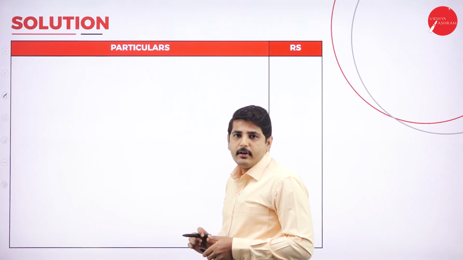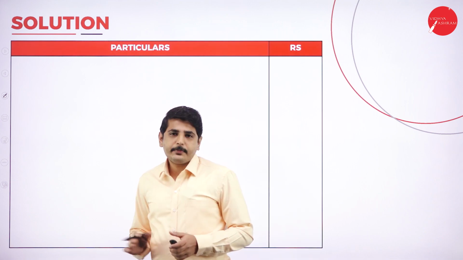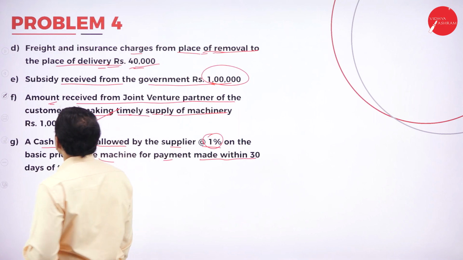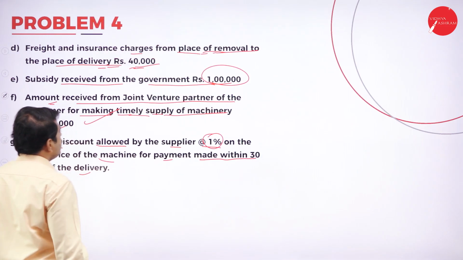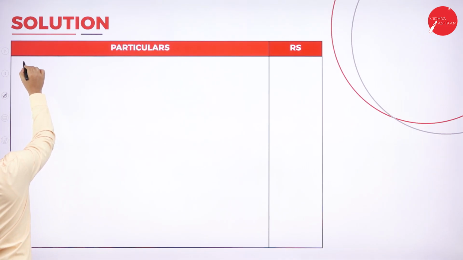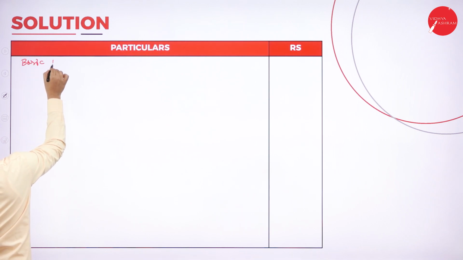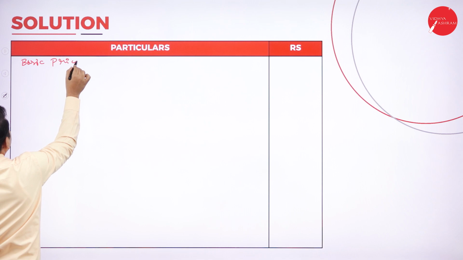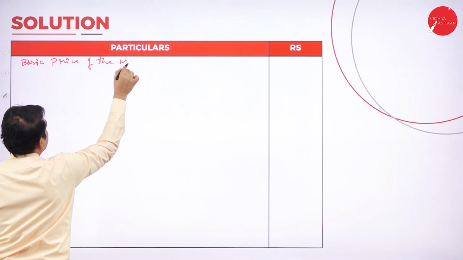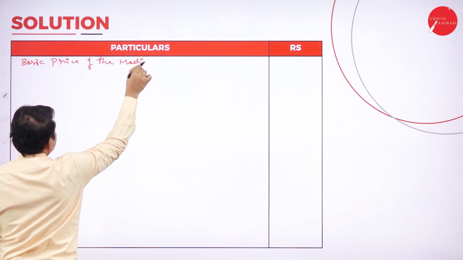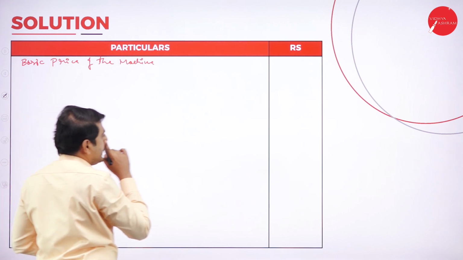So let's solve the problem. The first point is the basic price of the machine is 40 lakh. Let's take this first one. Basic price of the machine, 40 lakh.